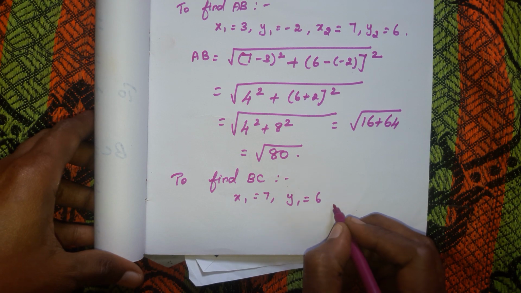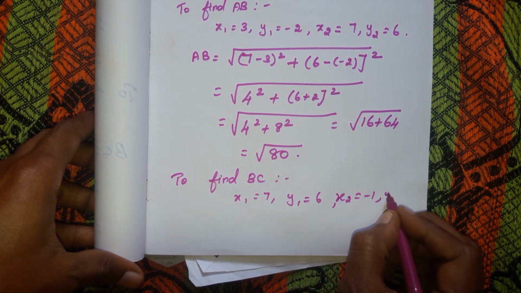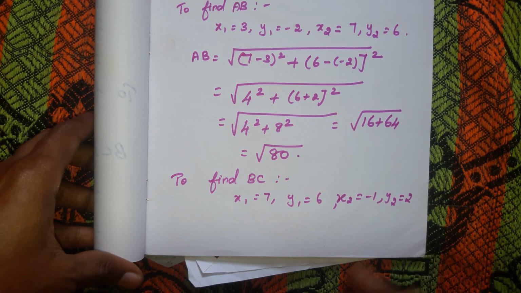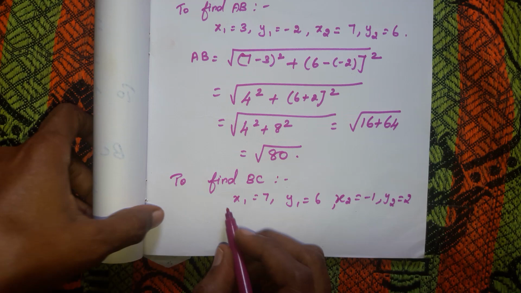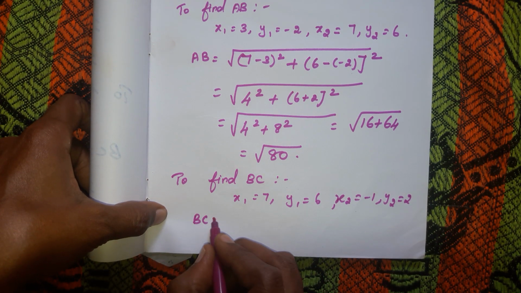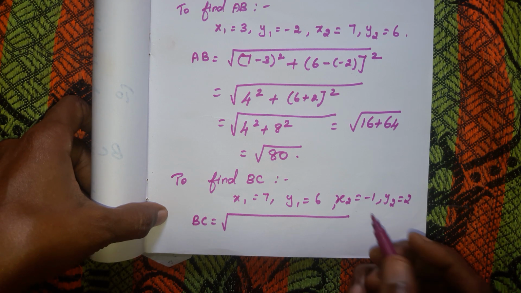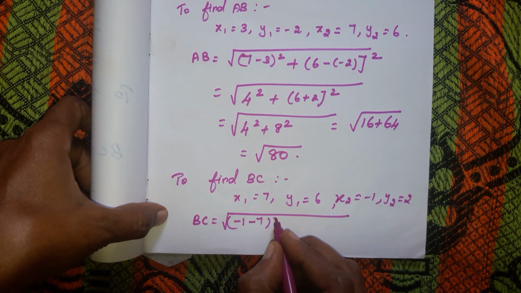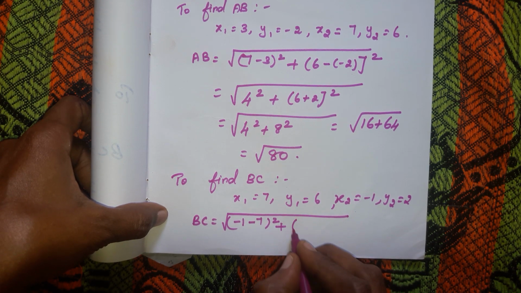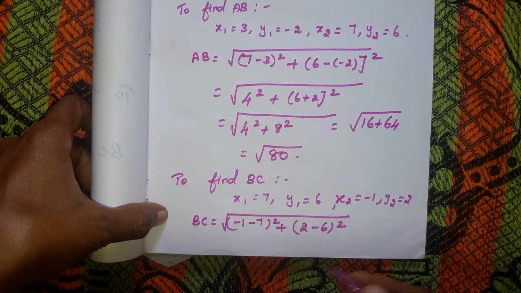Then BC is equal to root of (x2 minus x1) the whole square, minus 1 minus 7 the whole square, plus (y2 minus y1) the whole square, 2 minus 6 the whole square.